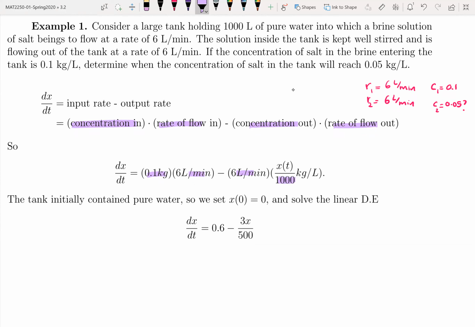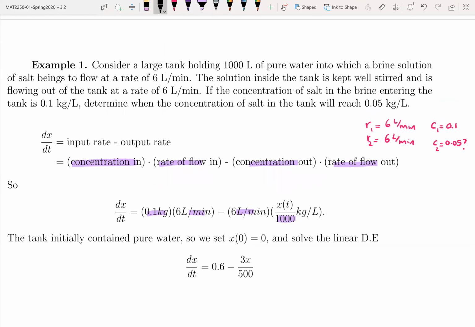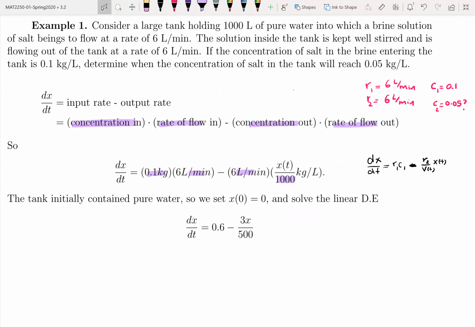All I did is plug into the differential equation that I found earlier. So let me write my differential equation one more time. It was dx divided by dt equals R1 C1, subtract X of t times R sub 2 divided by the volume. Okay, so this is what the formula was on top, and I'm just plugging in there.